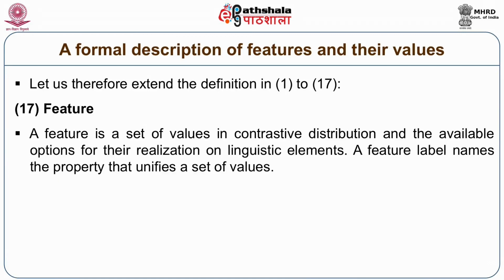Let us now go back to the working definition of feature that we began with. A feature is a set of values in contrastive distribution and their available option for realization on linguistic elements. A feature label names the property that unifies a set of values. In this definition, our statement is in two parts.